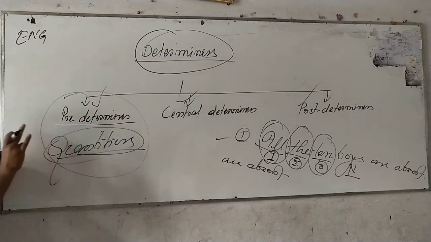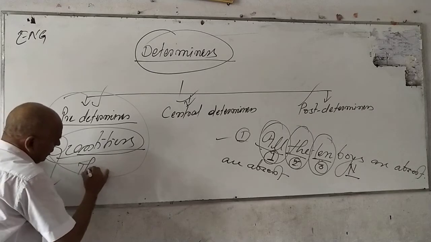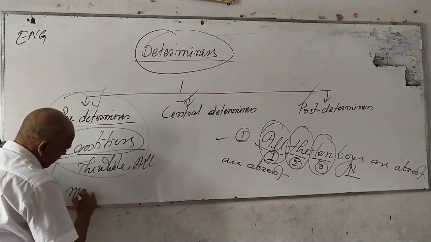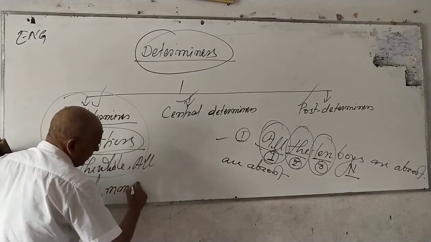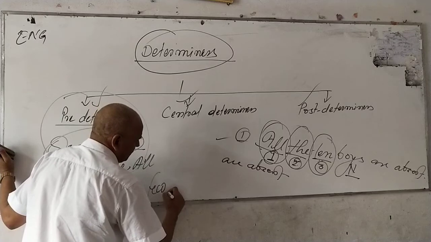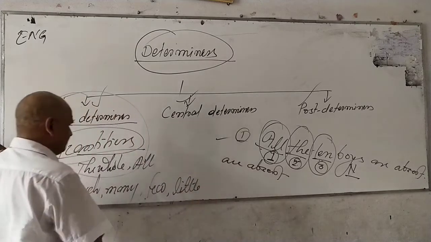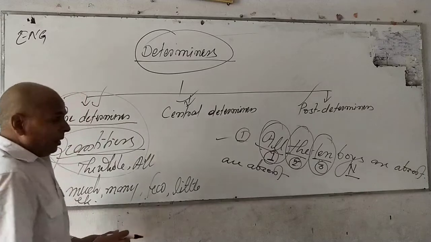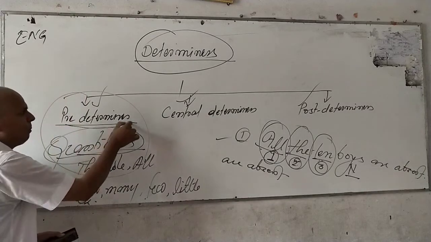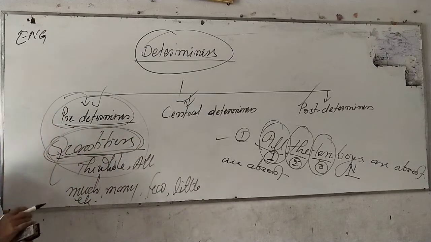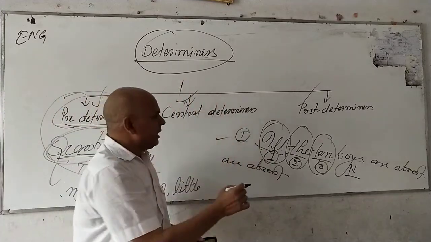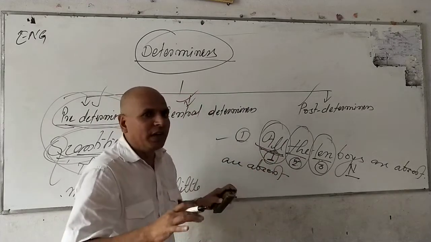That means they will come at the beginning of all three determiners, such as the whole, all, much, many, few, little, etc. So according to this concept, under the section of predeterminer, all quantifiers are predeterminers, and therefore all quantifiers always come first. Here, all has come according to the rule of grammar.